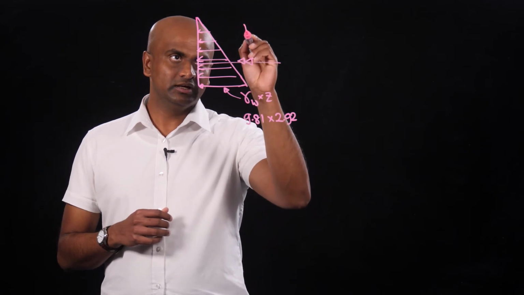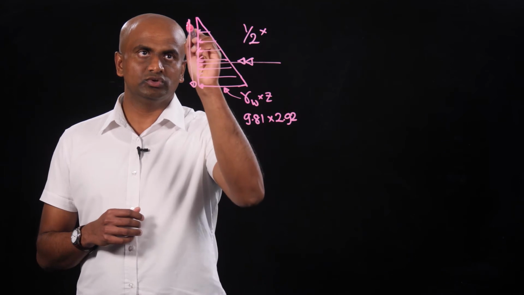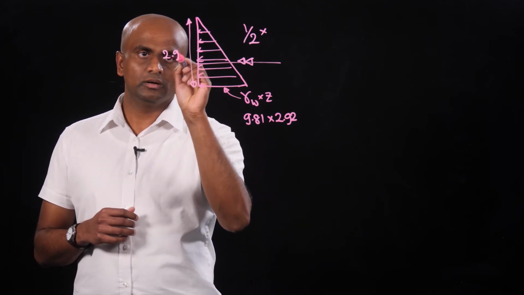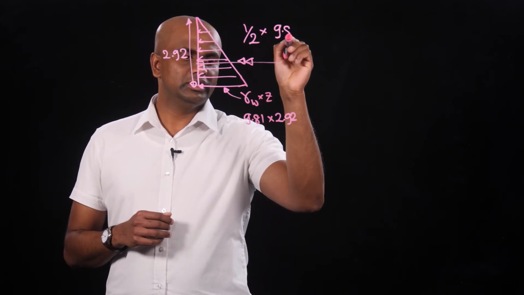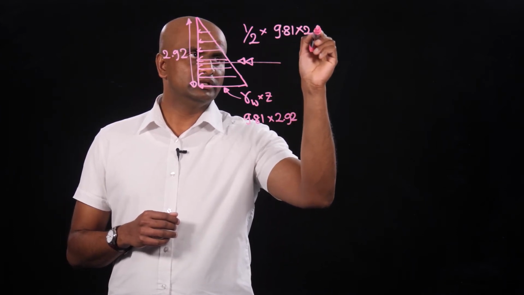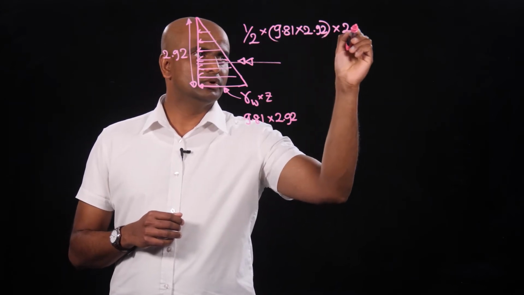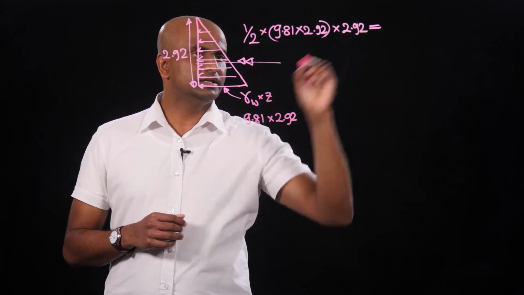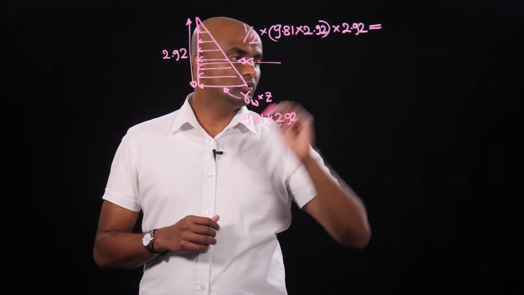So the area will be half times 9.81 times 2.92 as the base length, multiplied by the height 2.92. So that is the force that comes from the pore water pressure.